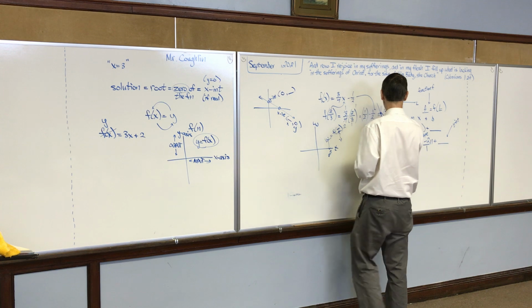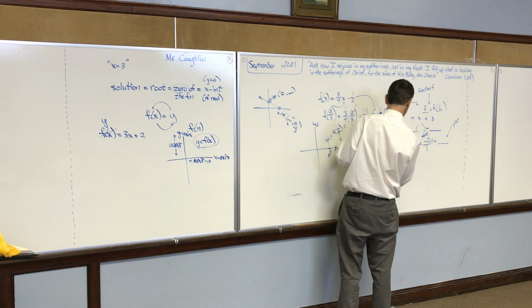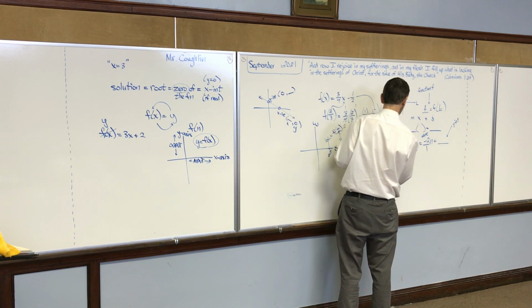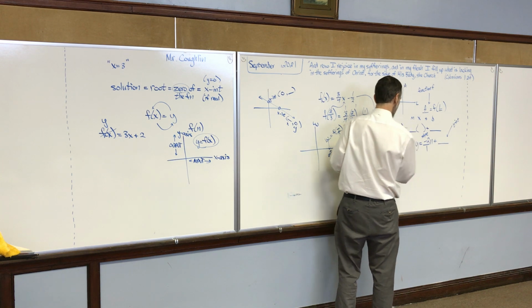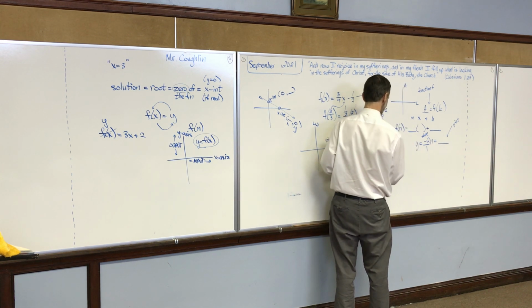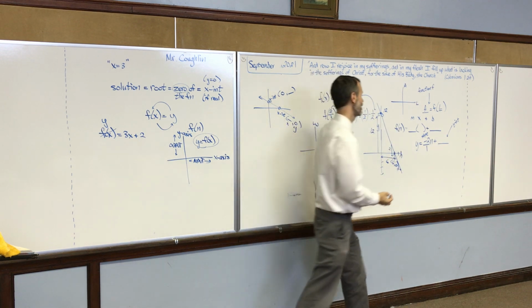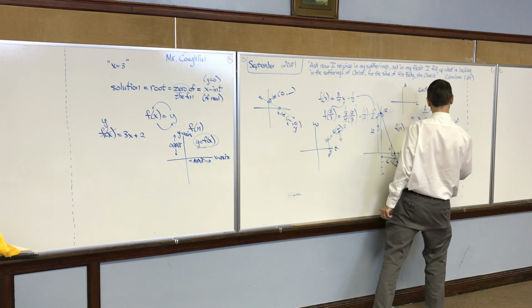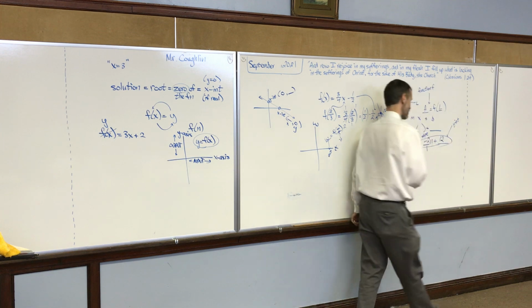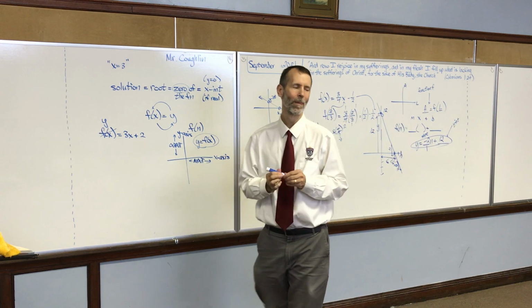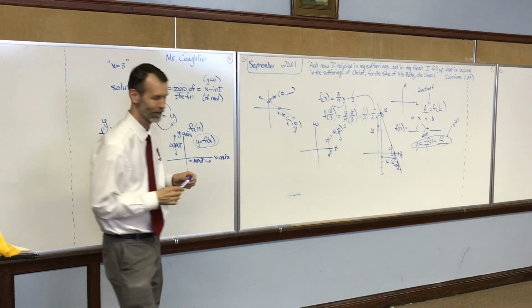Since the slope is 2, just start with 6. If you go back 1, you go up 2. What if you went back 6? You go up 12. Exactly. You just found the magic number that's supposed to be here. So your answer is supposed to be y equals negative 2n plus 12, or f of n equals negative 2n plus 12.